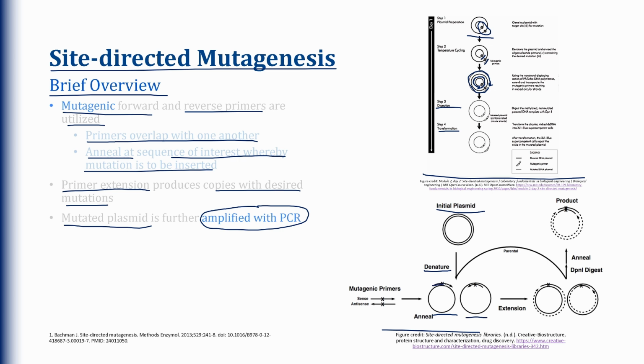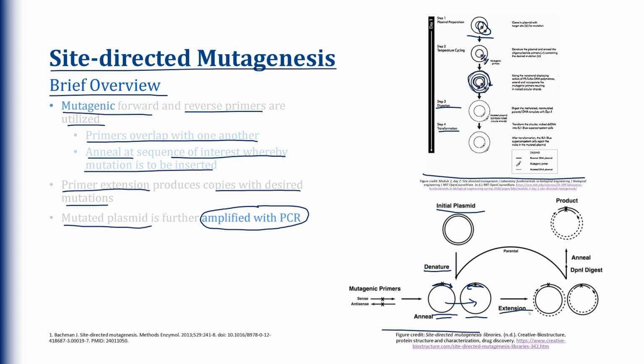And you can see that you have a mutagenic primer here that's being utilized and a mutagenic primer here that's being utilized. These are the forward and the reverse primers. If you were to sit this inside this strand of the plasmid, you would see that those primers completely overlap with one another. They also sit in the region where you want to change the sequence of the plasmid.